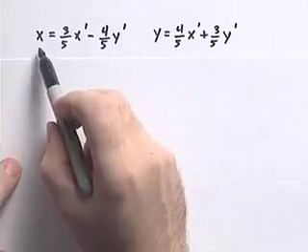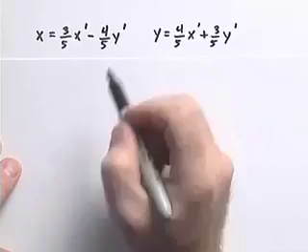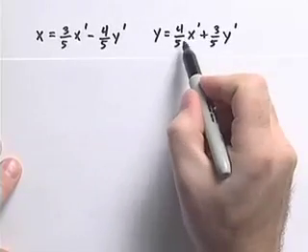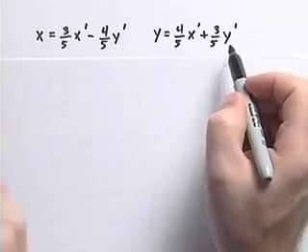Now with these values, we can obtain our rotation formulas. We'll get that x is equal to 3/5 x prime minus 4/5 y prime. y is equal to 4/5 x prime plus 3/5 y prime.